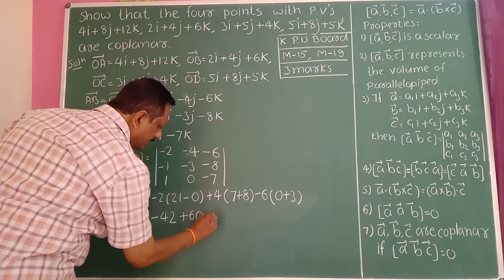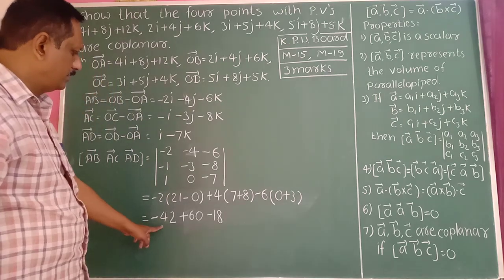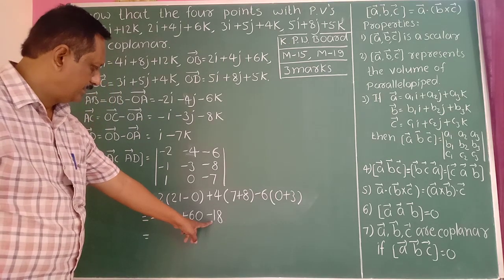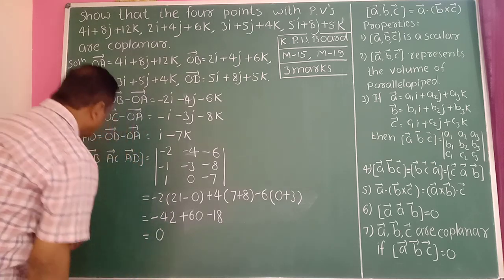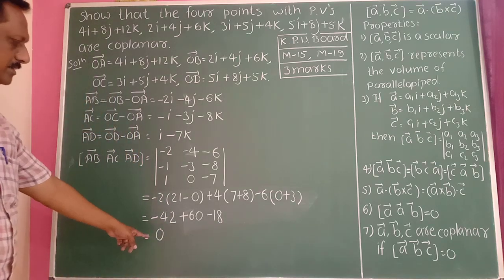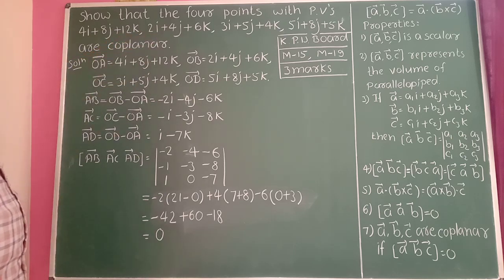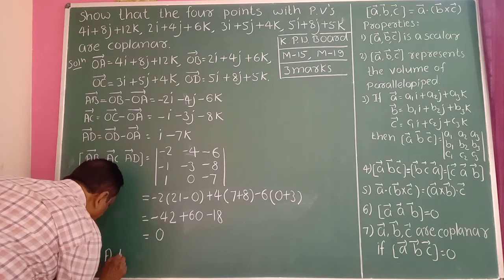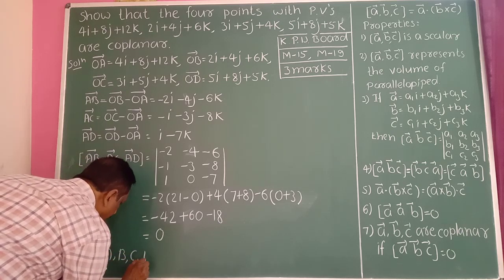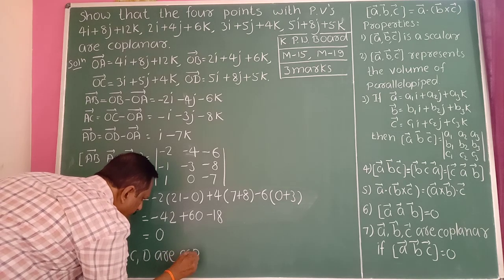Then 6 into 3 is 18, minus 18. Therefore minus 42 minus 18 is minus 60, plus 60 becomes 0. Yes, the scalar triple product is 0. Yes, the points are coplanar. Therefore, here A, B, C and D are coplanar.